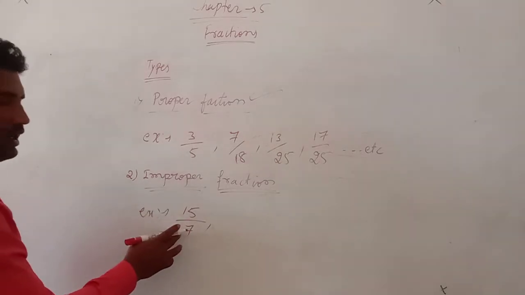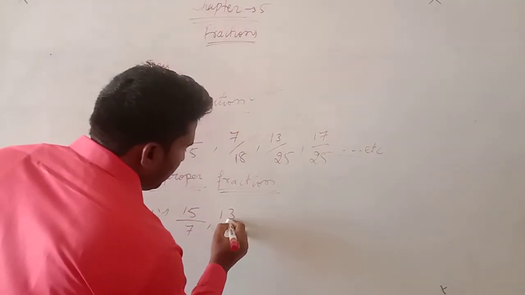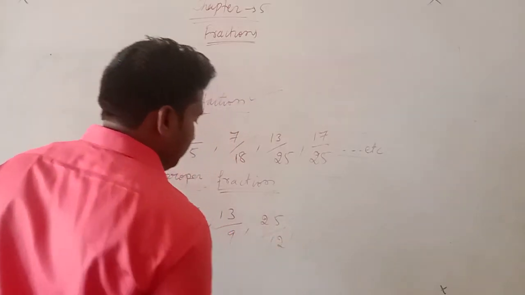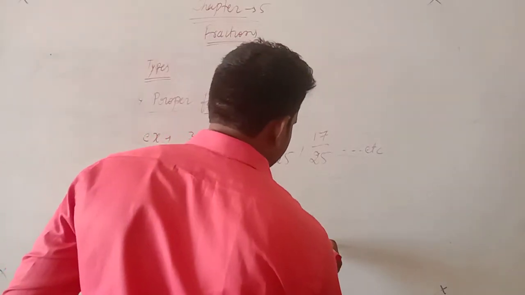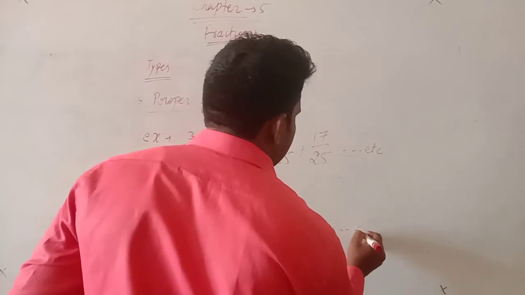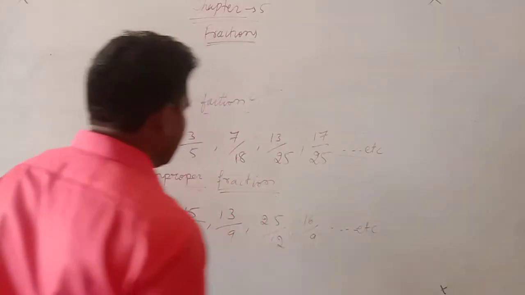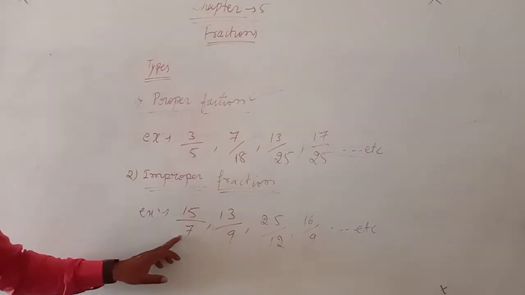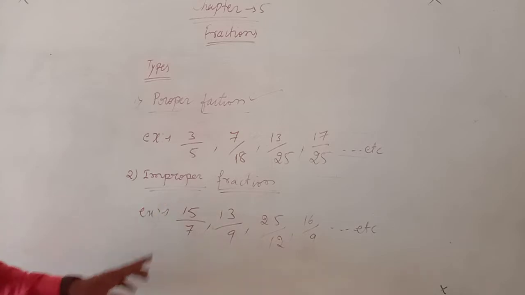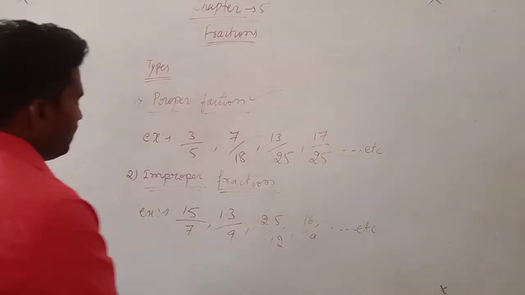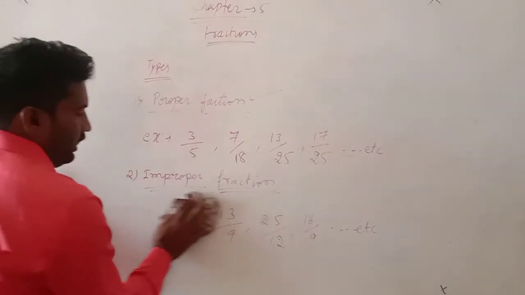Examples: 15 by 7, 13 by 9, 25 by 12, 16 by 9. If the numerators are greater and the denominators are smaller, such fractions are called improper fractions.